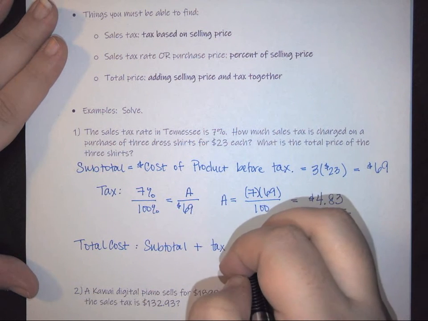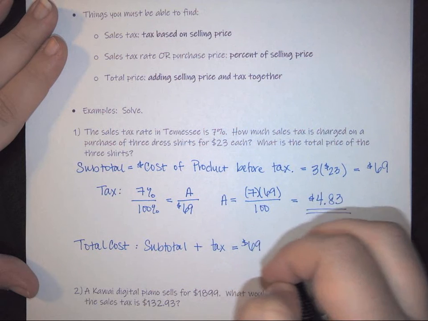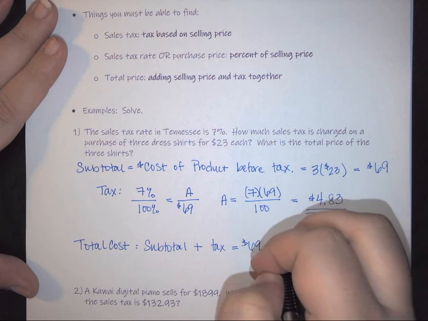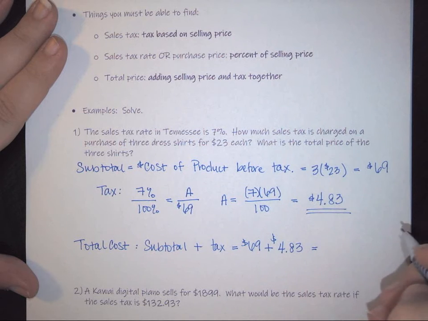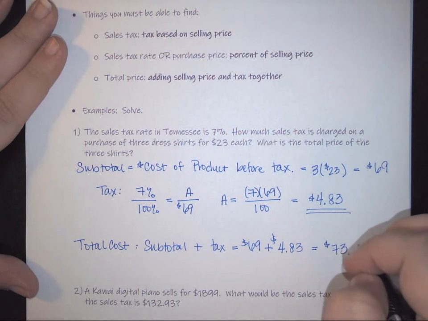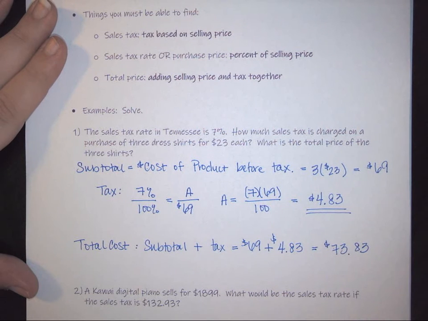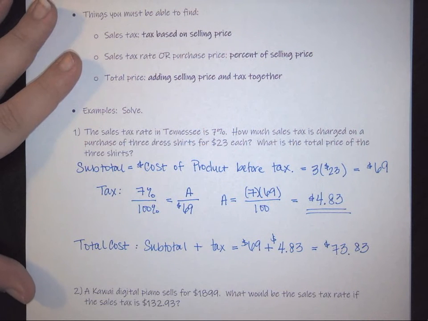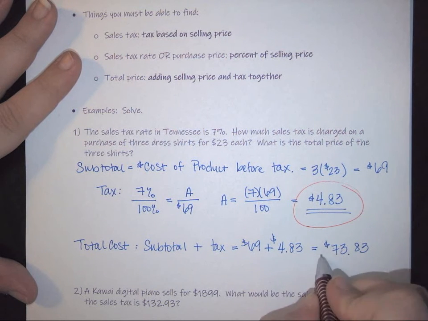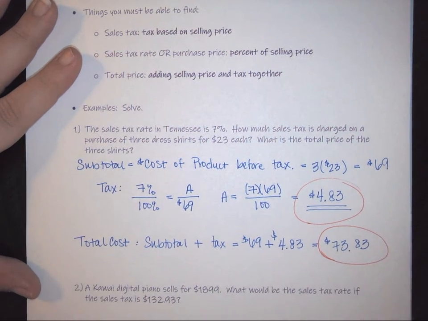So in this case, our subtotal was the $69, and we have to add the $4.83. It's going to give us a total cost of $73.83. So here we had 2 answers. We had the tax answer and we had the total cost answer.